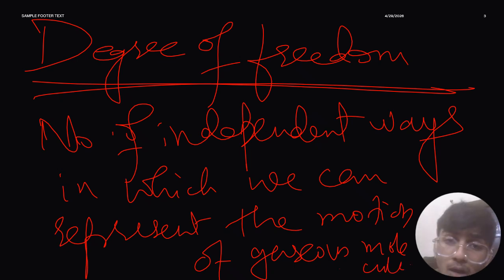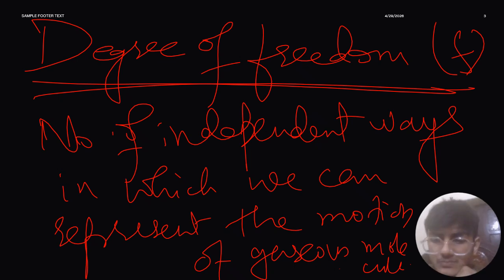This is denoted by small f. It is different for a monatomic gas than for a diatomic gas and a triatomic gas. So let us discuss it.